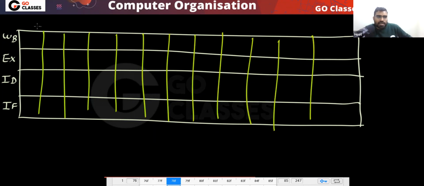These are the cycles, like cycle 1, 2, 3, 4, 5, 6, 7, 8, 9, 10, 11, and so on. Now let's see this. Either you can use the other one, there is no problem. You can write instruction here, then instruction fetch, instruction decode.